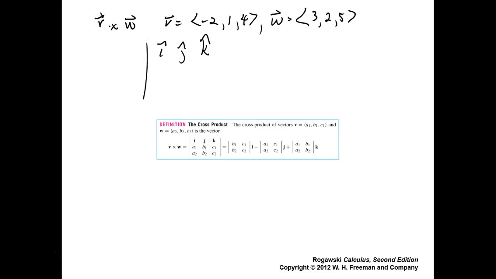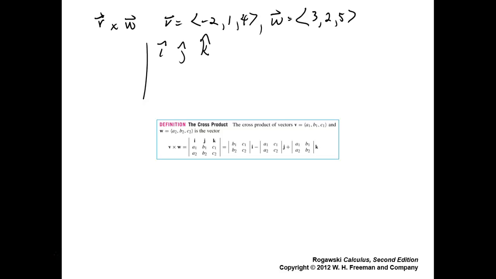Remember, dot products were commutative. It didn't matter. Cross products are not commutative. Only very rarely will you find one that is. If you think about the right-hand rule, if this is V and that's W, then the product is going to be in this direction.